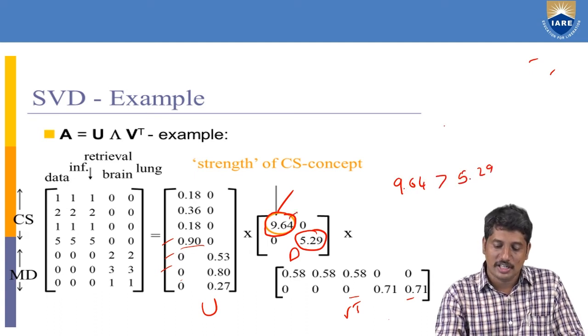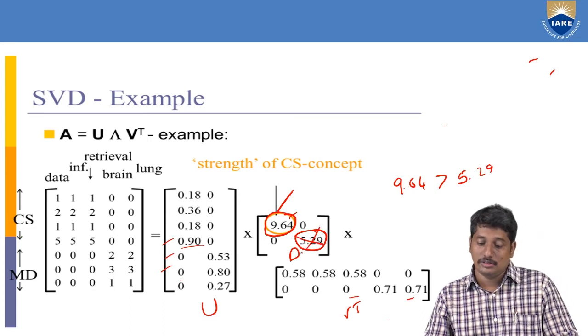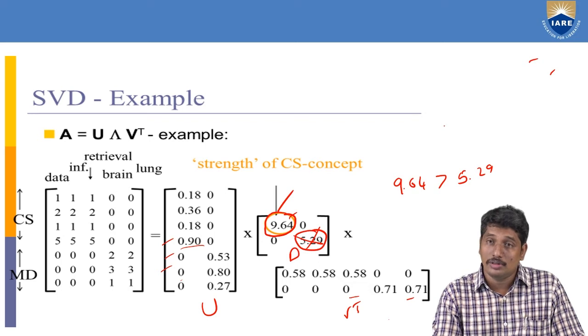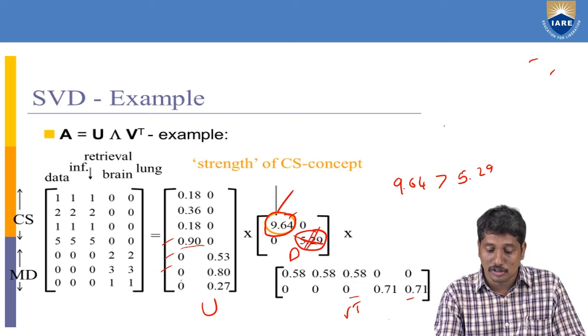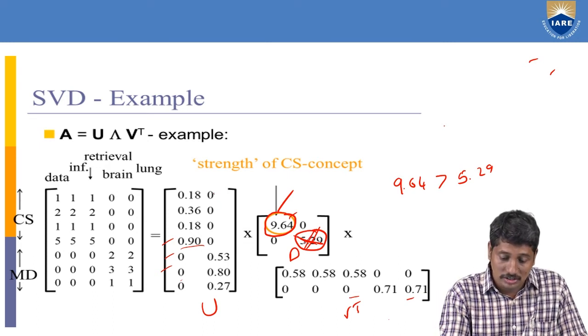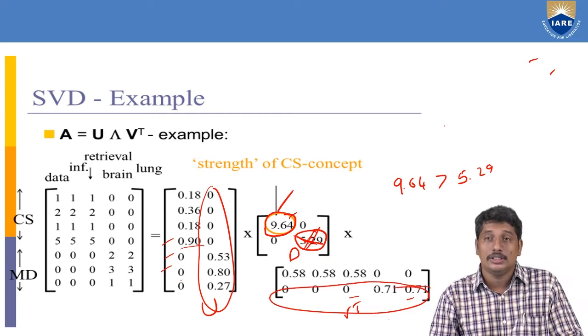So we have selected 9.64, and we are ignoring the smallest one. So automatically we cancel the column related to this cancelled singular value. What are the columns related to it? That is the second column of this matrix and the second row of this matrix.